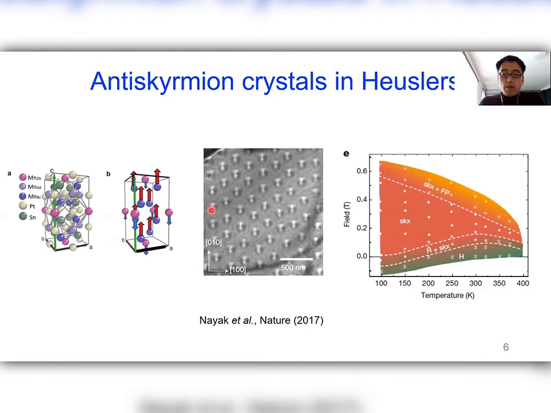And indeed, they were observed in real-space Lorentz measurements, as shown in the middle panel. So here we can see the formation of antiskyrmion crystals in a triangular lattice, and it shows a six-fold rotational symmetry. And importantly, the antiskyrmion crystal phase is quite robust in these materials. It appears in a wide range of parameter regions, even beyond room temperature.